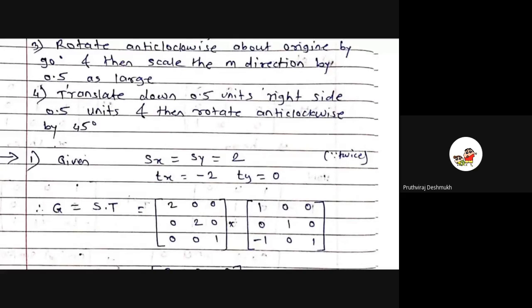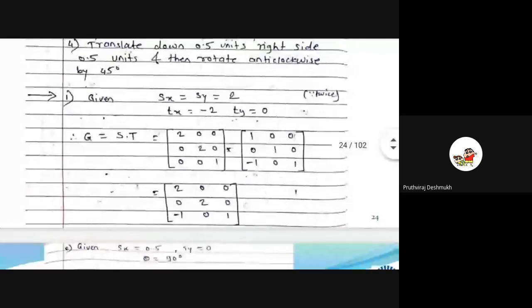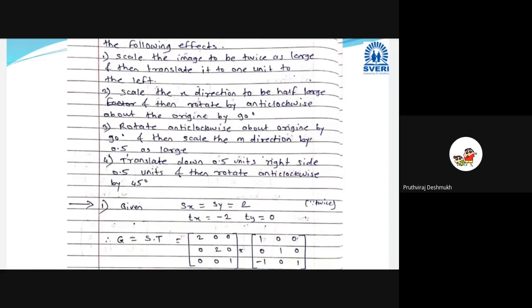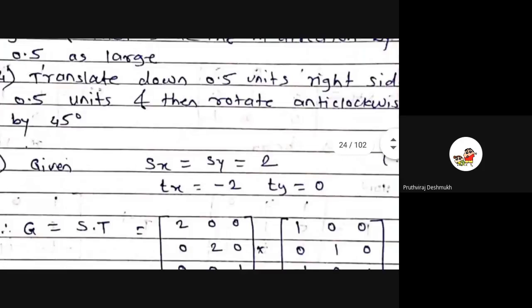Now see what is given here. The first point is scale the image to twice. Twice means the value in x direction and the value in y direction are given. So the scale in x direction is equal to the scale in y direction, equal to 2 units. That is, Sx equals Sy equals 2, because the statement says scale the image to be twice as large.